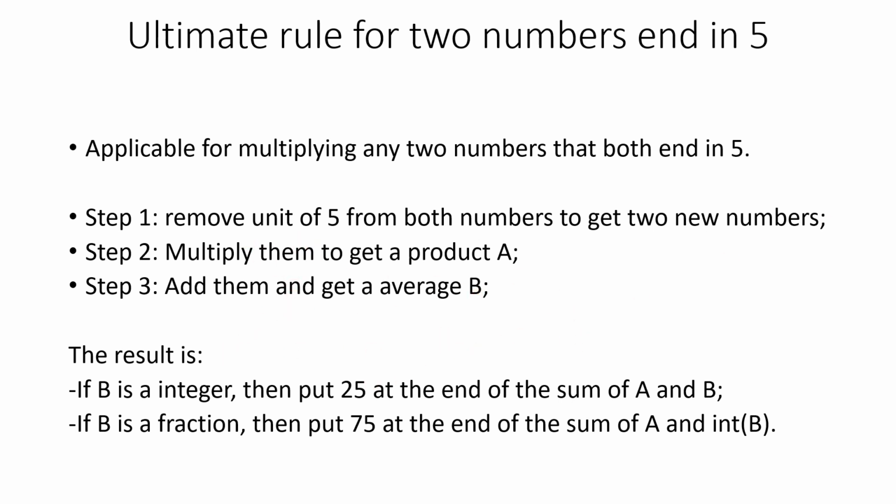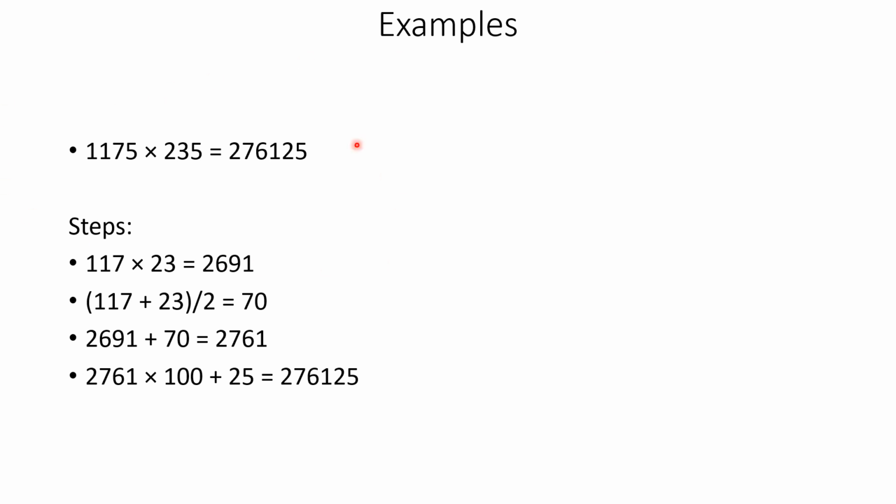So I'll show an example. You have these two numbers. Remove the 5s. So now it's 117 times 23. And it gives us this big number that you can't really calculate, right? It's a lot easier once you understand. So this 117 times 23 gives us a first number. So you multiply both numbers.